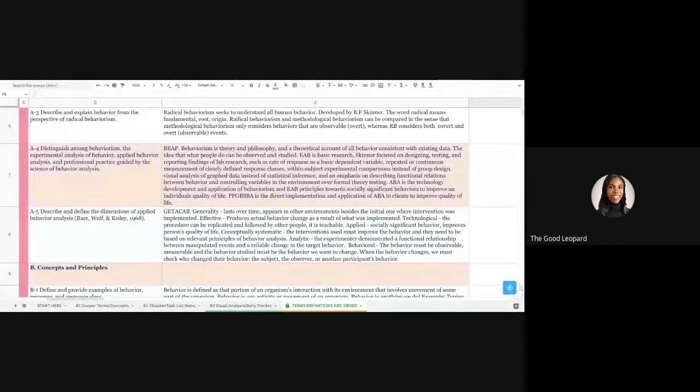So we've taken the first two and tied it all into what we're doing, which is the technology development and the application, based on all the things that we've read about in research. We're using them for clients to help them. I'm going to get to the dimensions next, but it emphasizes socially significant, right? That's the applied in ABA.